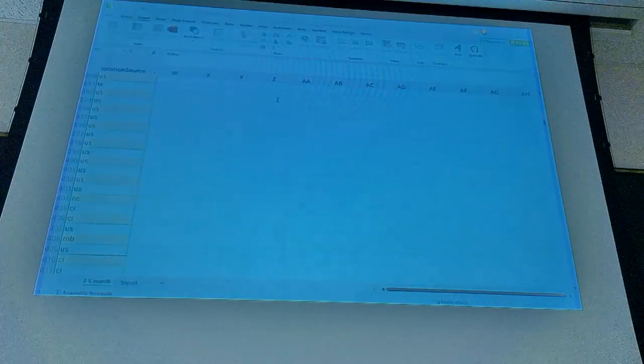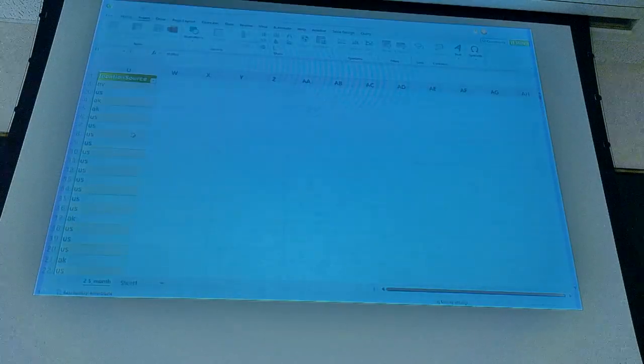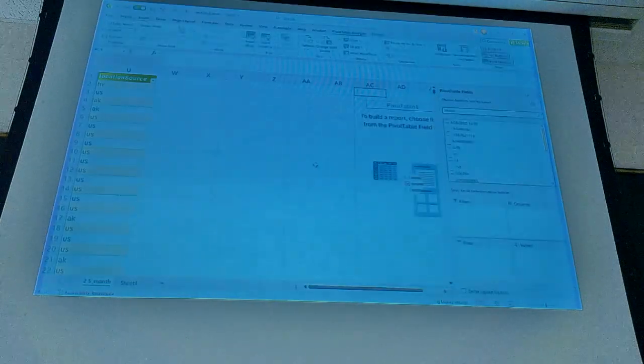Probably just do this. 2, 4, 29. Okay. Range, there we go. Where do I want it? Existing worksheet. Location. I don't know. Here. Okay.